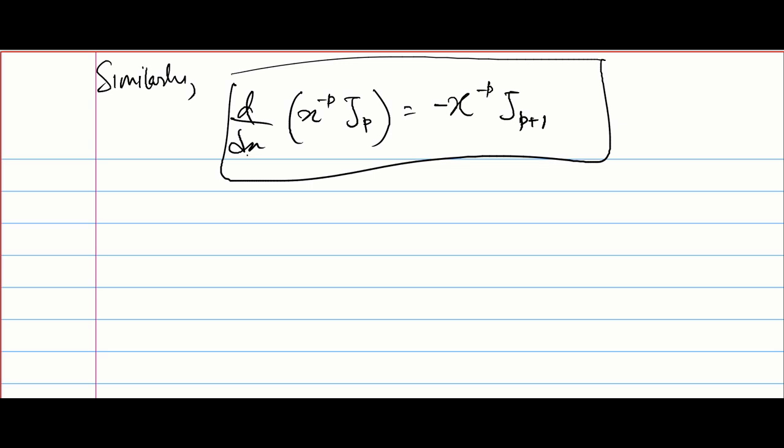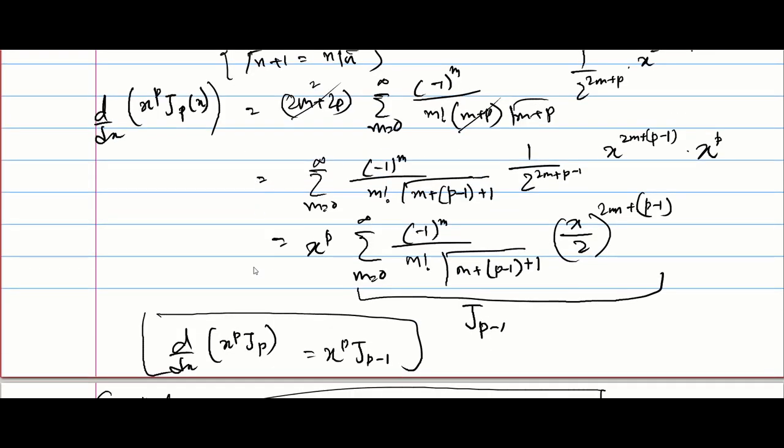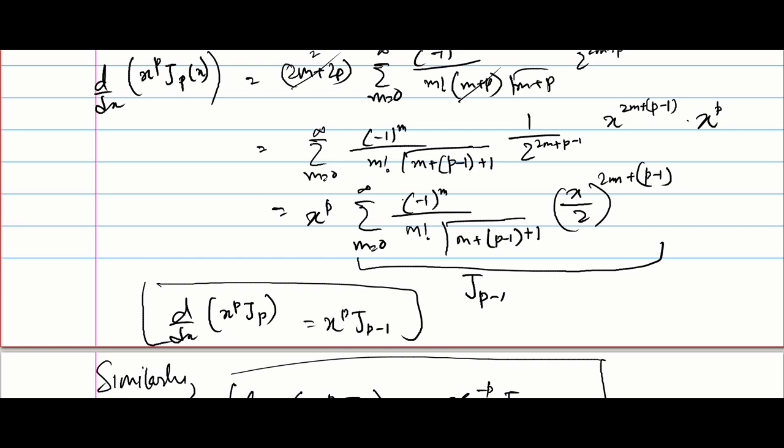Now if we integrate this, we'll get x to the power minus p J p plus 1 integrated dx. Again, from the last relation, x^p Jp is the integral of x^p J p minus 1 dx.